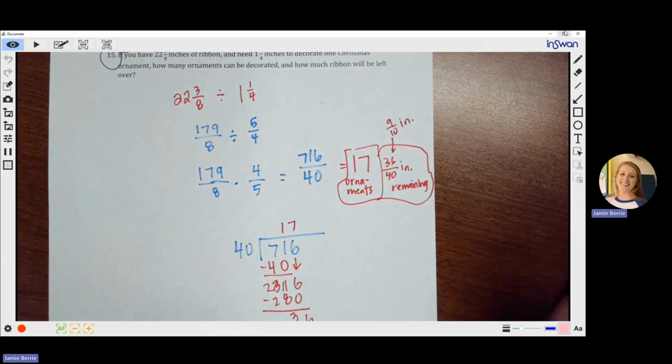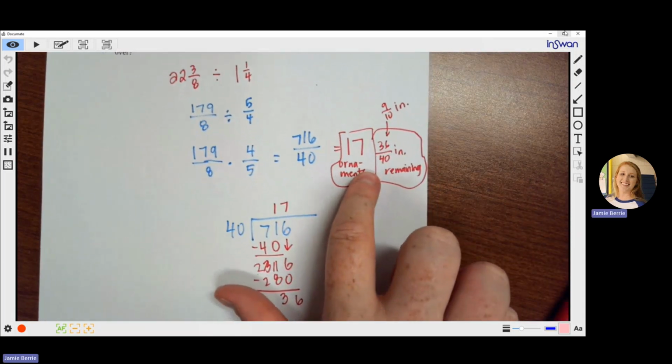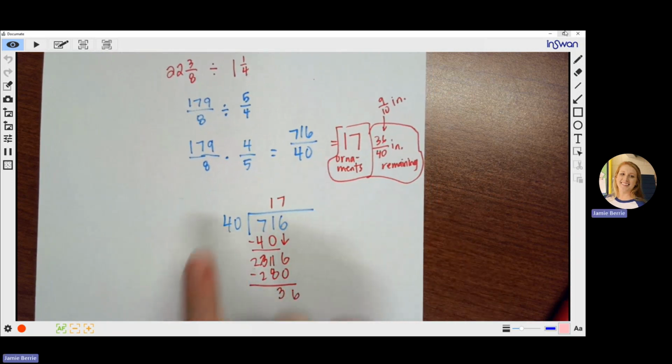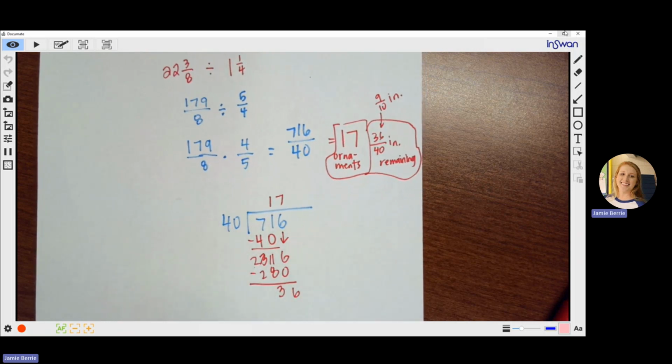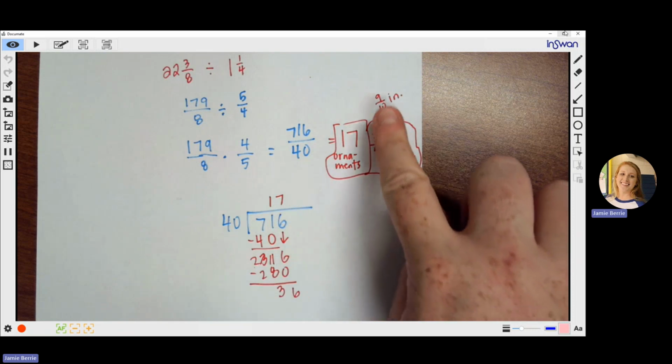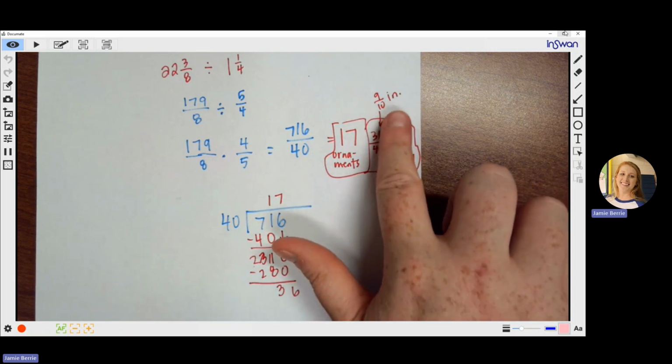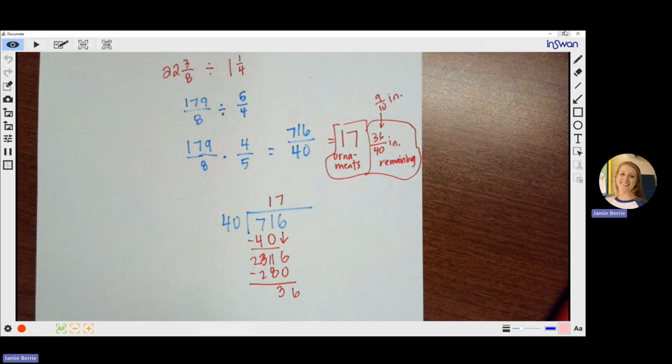Almost a whole inch left over. All right, so we can make 17 whole ornaments. And then our remaining ribbon that we have left over is 36 over 40 inches, which if you want to reduce it, you can. You don't have to, but that corresponds to 9/10 of an inch left over.